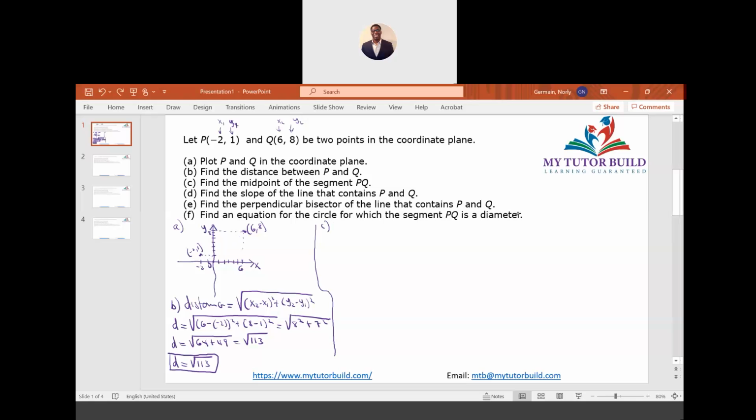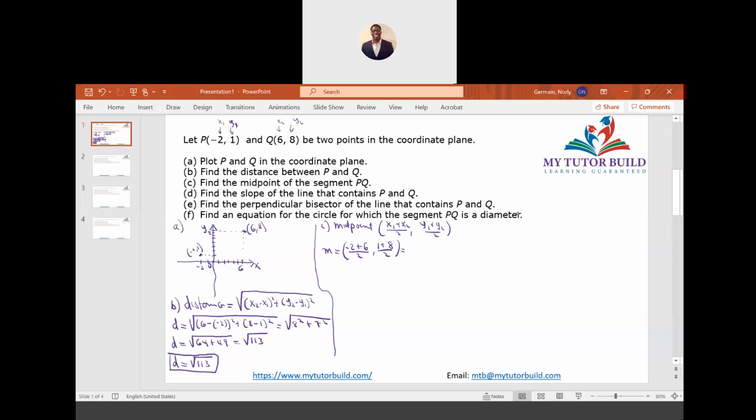There is a formula to find the midpoint of 2 points. For the midpoint, you add the x's together and divide by 2, and you add the y's together and divide by 2. Remember, a midpoint gives you again a point with two coordinates, the x coordinate and the y coordinate. So x1 is negative 2 plus x2 is 6, divided by 2. y1 is 1 plus 8, divided by 2.